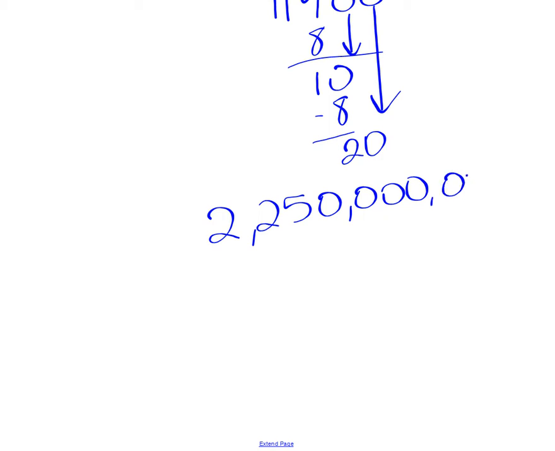We need to add another set of zeros here. So now we have our 2.25 billion. Because we're actually writing out the number 2.25 billion. It doesn't matter at this point.